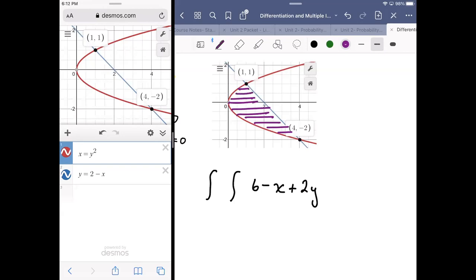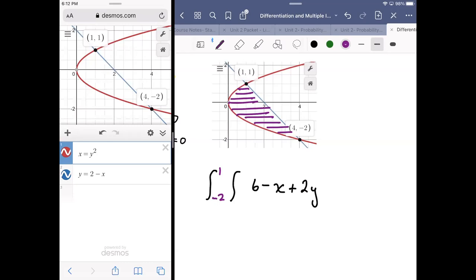Because we have a consistent bounding over the interval of -2 to 1. So that's not a 2. That's a 2. -2 to 1. So my outer integral, which when we deal with rectangular coordinates, we want that to be the numerical case so that we don't lose variables along the way.